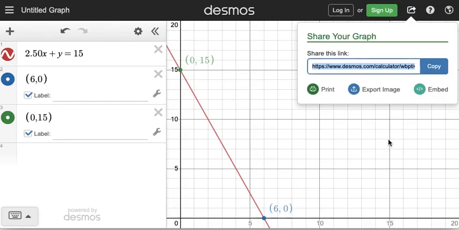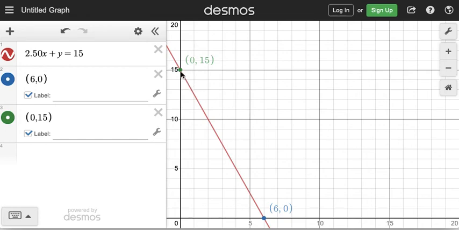So looking at my graph one more time, I see the y-intercept pretty clearly is the point 0, 15, or that 15 is the y-intercept.